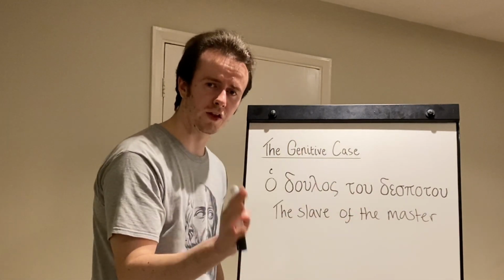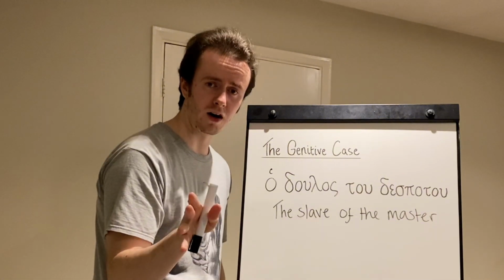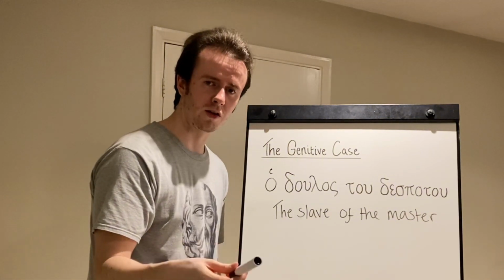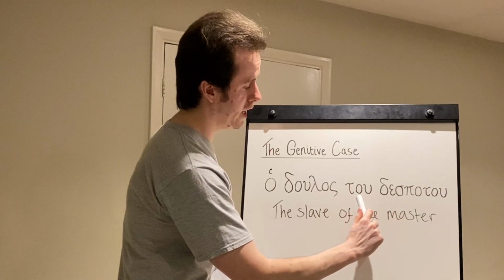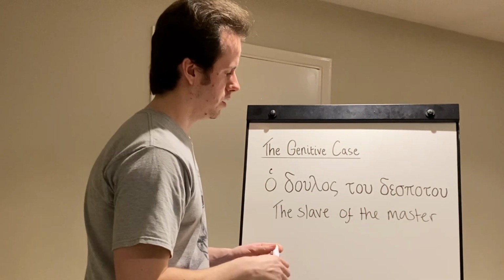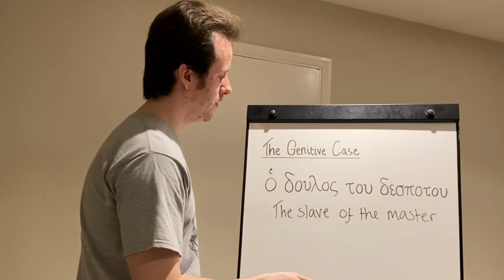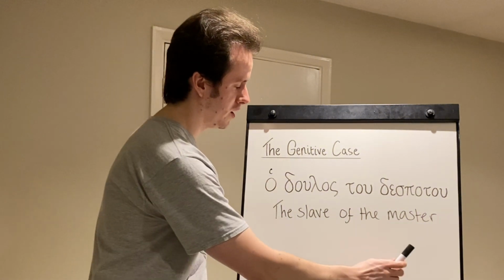And that's one of the senses that the genitive can be used to mean. There are others, but today we're just looking at possession. So this phrase is what we would call a possessive genitive, or a genitive of possession, because it's being used to tell us that the slave is owned by the master, that he is the slave of the master.